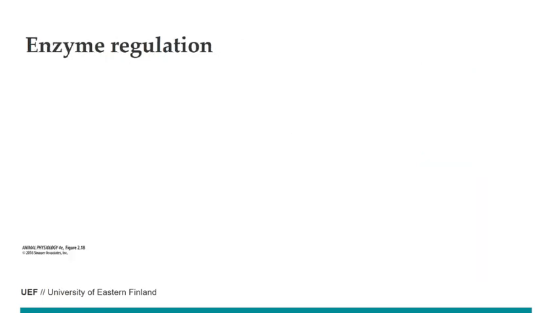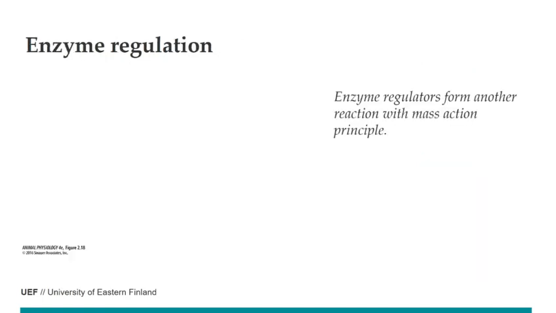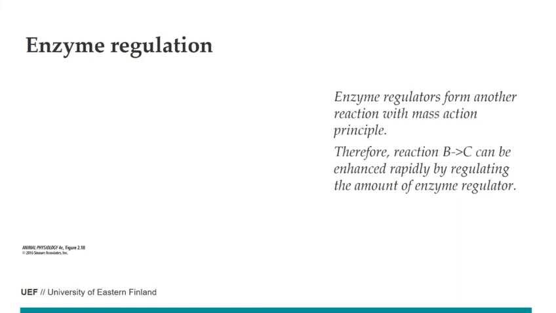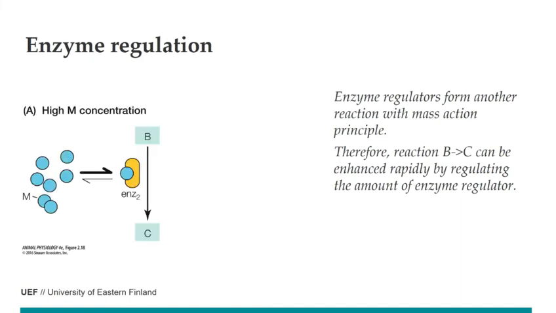So how are these enzymes regulated? Well, actually, they are just another reaction with the mass action principle. So when we have a reaction from B to C, it can be enhanced rapidly, for example, by regulating the amount of enzyme regulator.